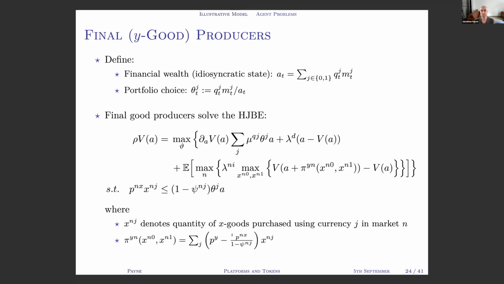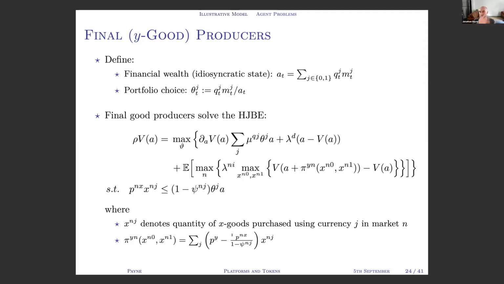Okay, so this is the Y good problem, right? They have to choose a portfolio holding. Well, sorry, I'll start the other direction. Once they get the trading opportunity, they have to choose how much of their money to use and how much of their platform tokens to use in purchasing. Stepping back a bit, when they're waiting for the trading opportunity, they have to choose which market they're going to go to, the platform or the normal market.